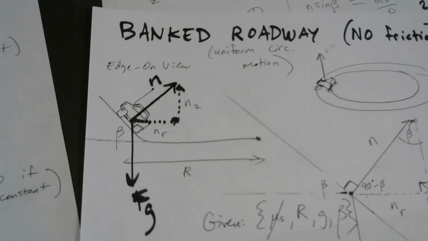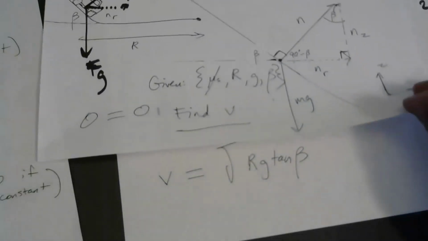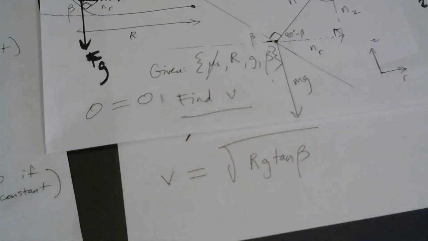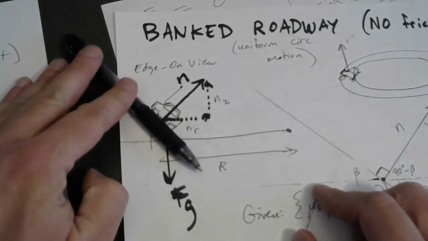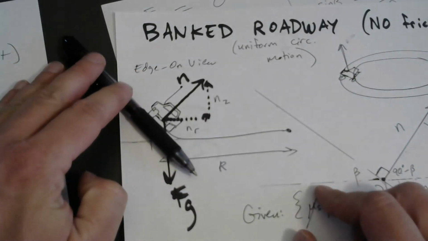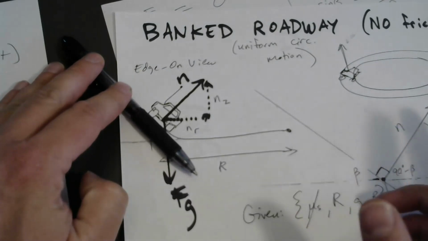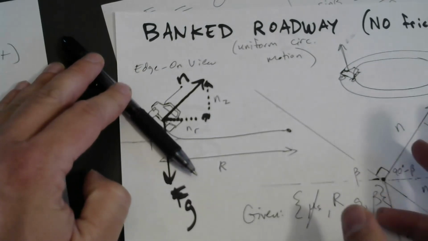If you are driving a little too fast, well, let me back up here. This is the one speed at which you can drive without needing any friction. If you were to try to drive faster than this, some friction would kick in and point down the ramp, or not really the ramp, but it would point down the embankment to keep your car in check.